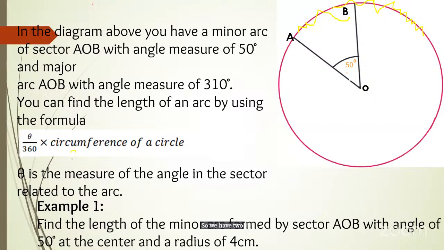We have 2 times pi times radius. Or what is our other option? Diameter times pi. So it'd be our diameter times pi.